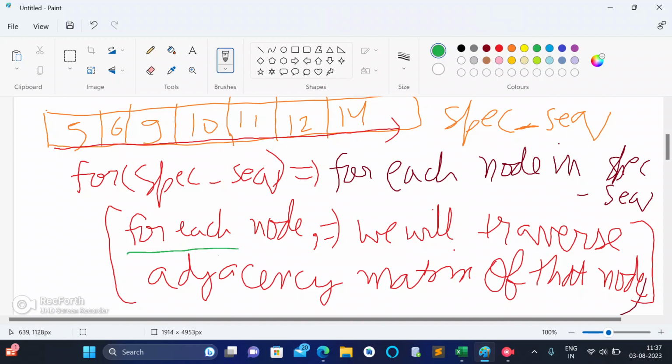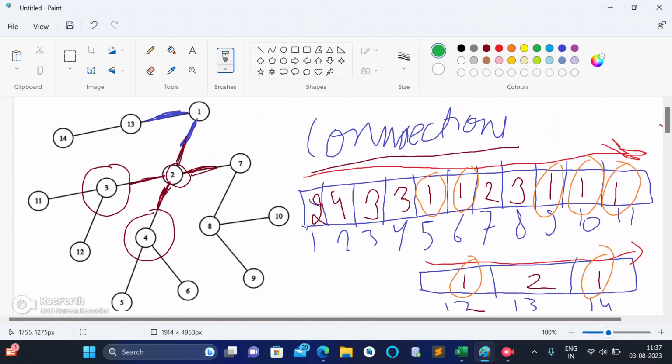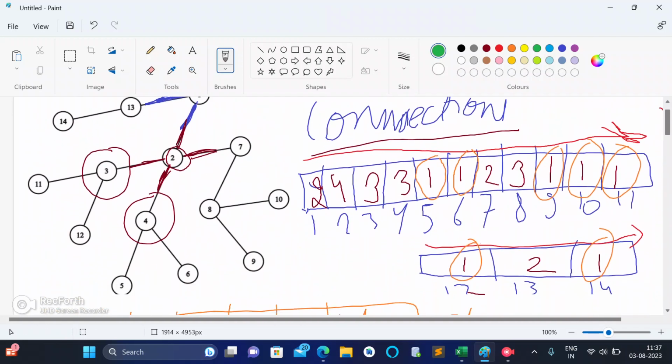This is the most important thing of this whole section. First we go to 5, then to 6, then to 9, then to 11, then to 12. When we are going through each node, we will traverse the adjacency matrix of that node.